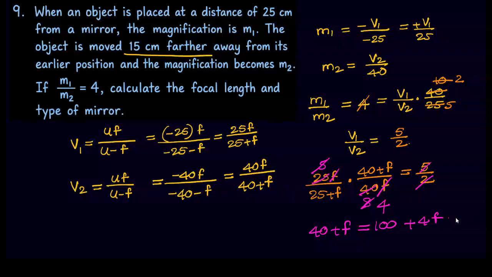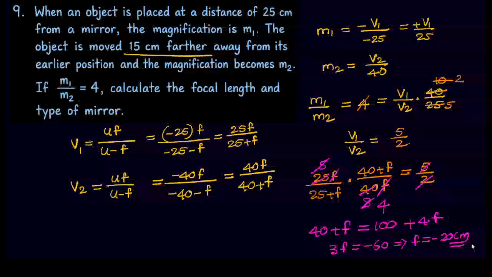Tell me how much will come from this now. This 3f is equal to minus 60. Yes, f is equal to minus 20. It's a concave mirror. So that means the focal length is 20 and the type is a concave mirror, right?